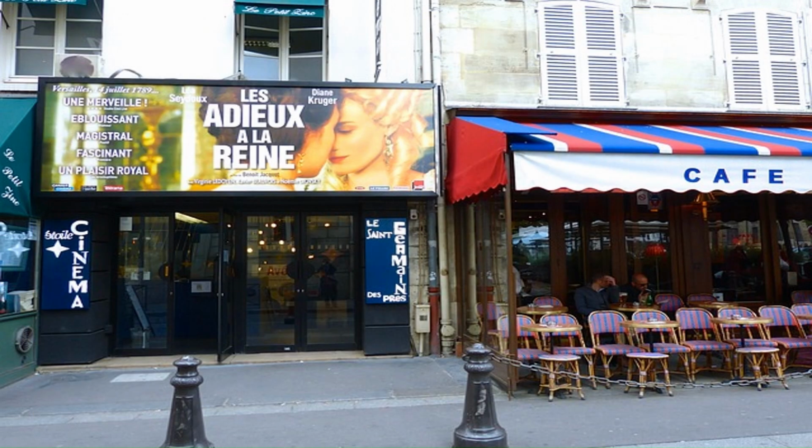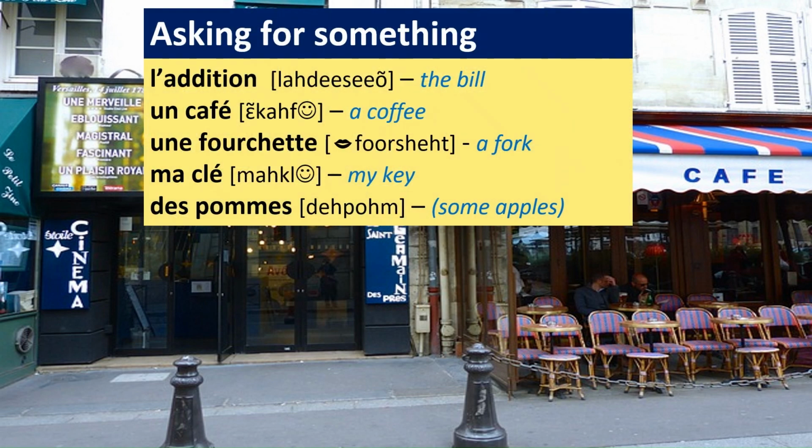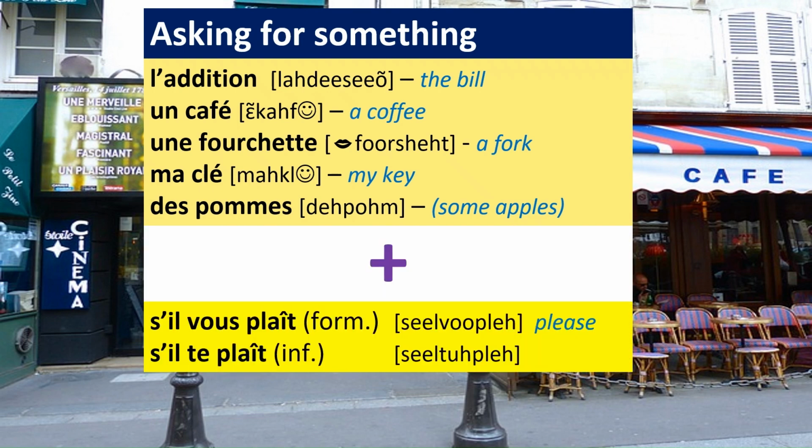Now there is a very easy way to ask for things, that doesn't require a lot of vocabulary or knowing complex structures. And this is simply to think about what you're requesting, for example, l'addition, un café, une fourchette, whatever you want, and to add the polite phrase, s'il vous plaît, in the formal form, or s'il te plaît in its informal form.